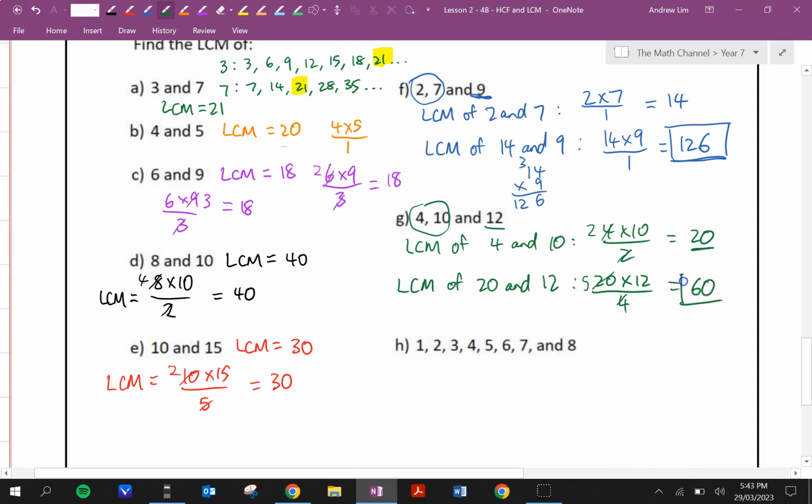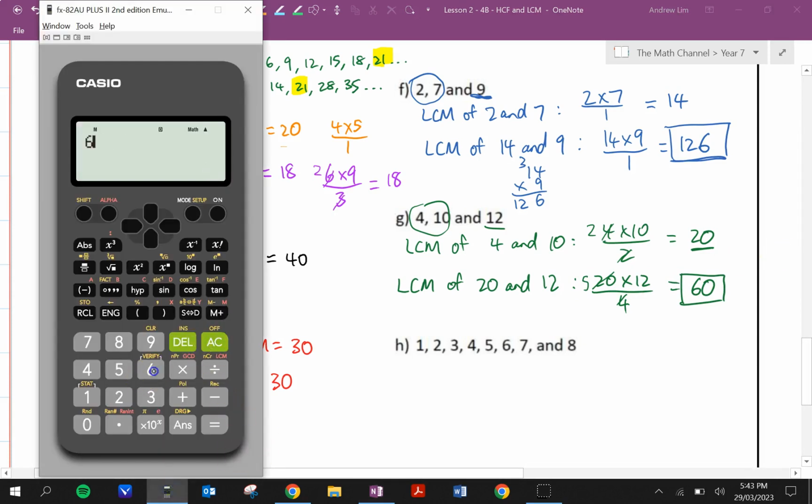So that is our answer. The lowest common multiple of 4, 10, and 12 is 60. So, just to prove it, 60 divided by 4 gives me a whole number. 60 divided by 10 gives me a whole number. 60 divided by 12 gives me a whole number.